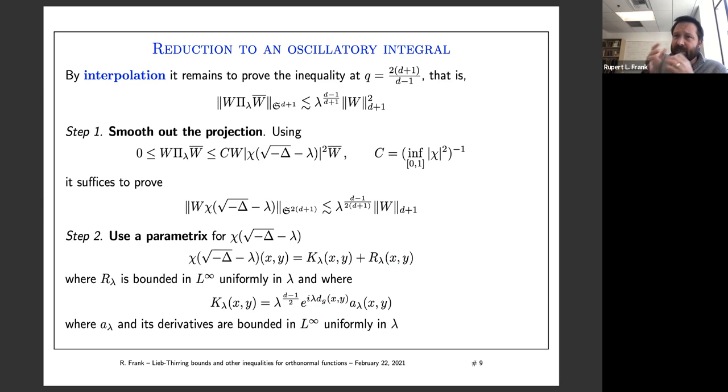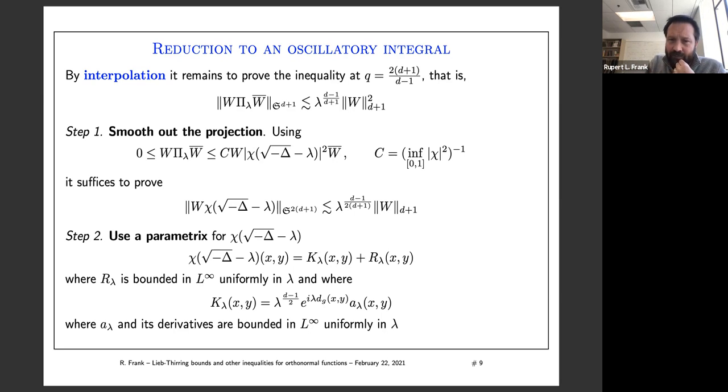Okay, this might remind you of the asymptotics of Bessel functions, right? Because after all, Bessel functions are the analog of this thing in Euclidean space, and they have asymptotics like e to the i lambda times the distance between x minus y. And perhaps even a sine and a cosine.